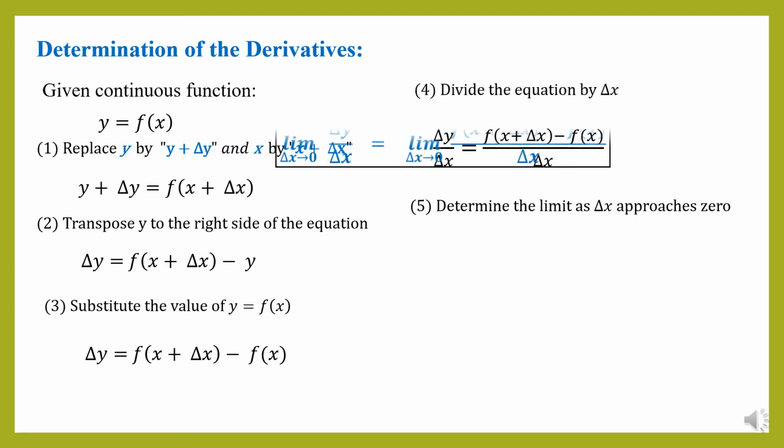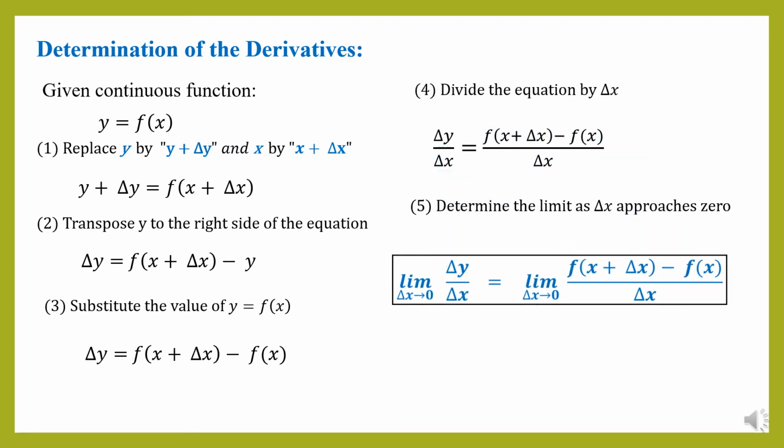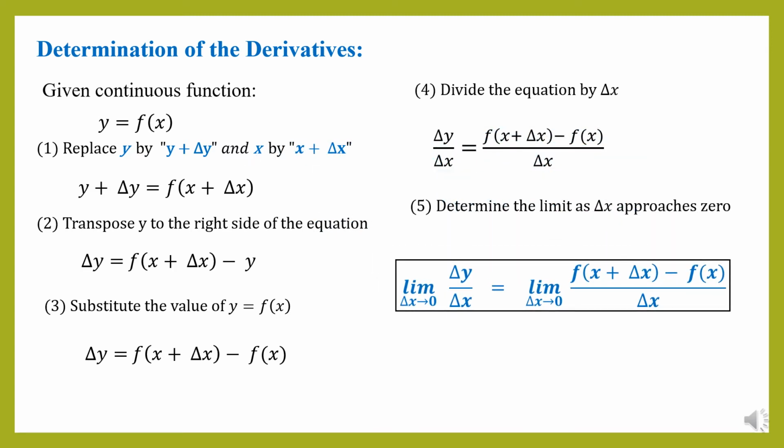Therefore, the derivative now is equal to the limit as change in x approaches 0 of increment of y all over increment of x, or also equal to the limit as increment of x approaches 0 of f(x plus increment of x) minus f(x), divided by increment of x.